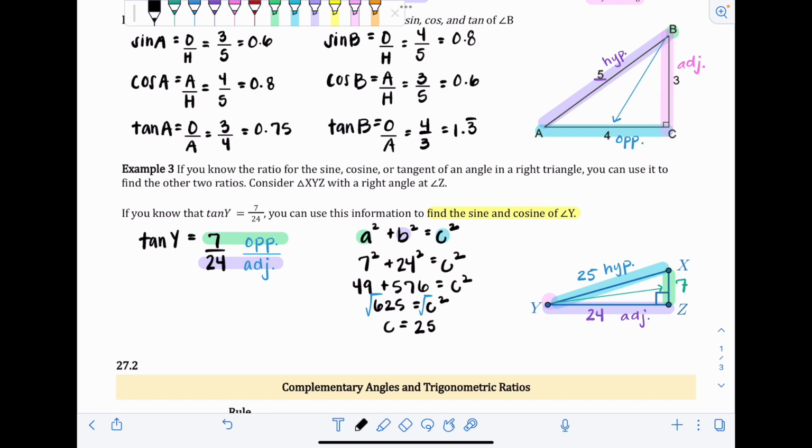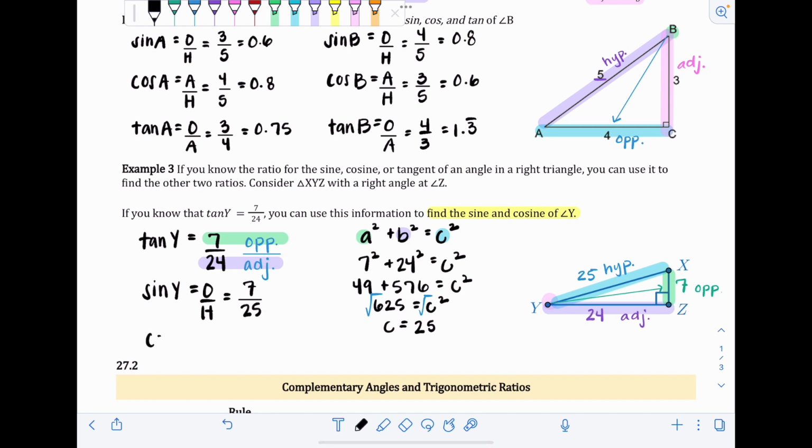Okay, so for sine of y, sine is opposite over hypotenuse, and we already labeled, oops, I guess I forgot to label the opposite side, but the side that's opposite of y is the 7. So I would put 7 in the numerator, and then over the hypotenuse, which is 25, that's the one we just found.